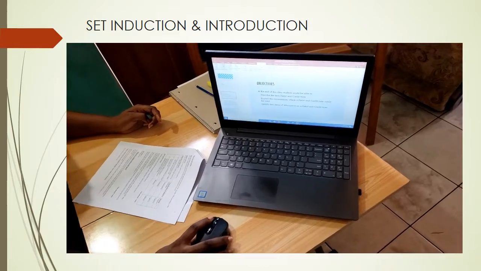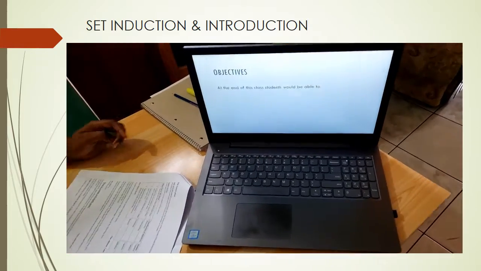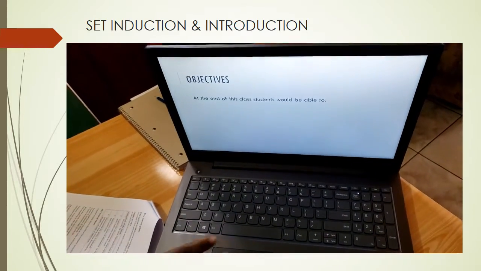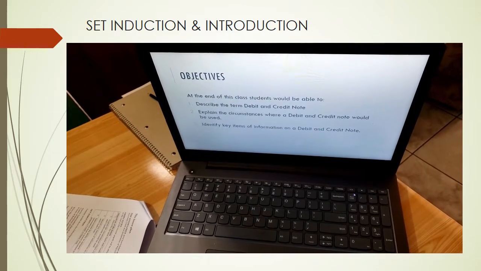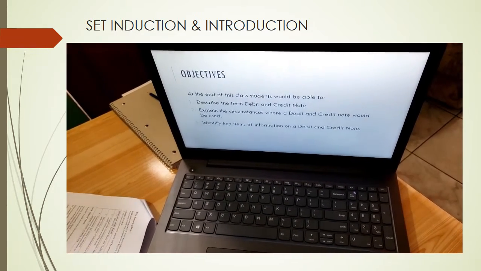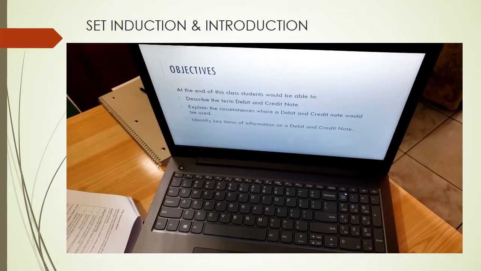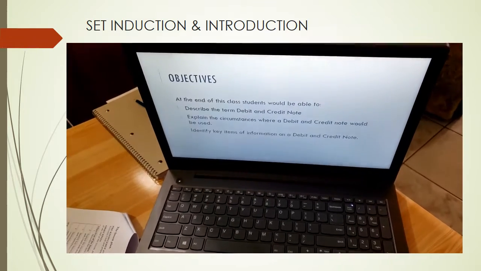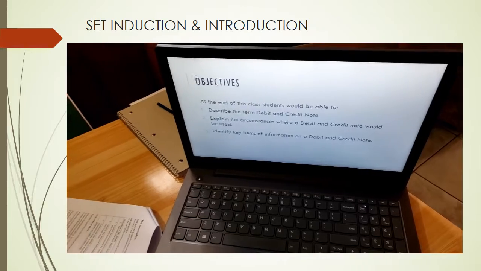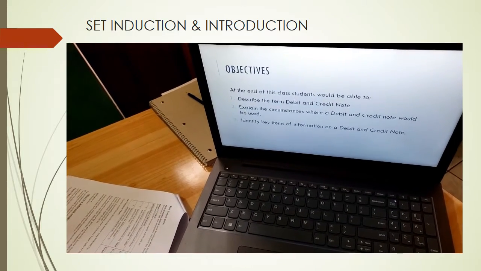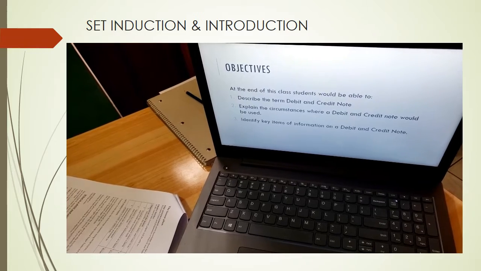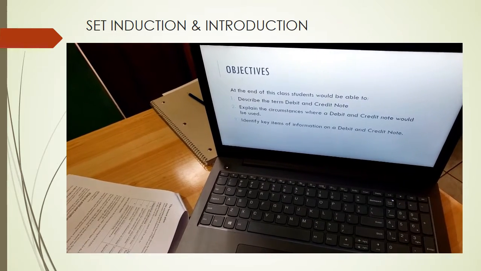For today's class, we're going to describe what is a debit and credit note. We are also going to explain the circumstances where a debit and credit note would be used, and we're going to identify some key elements of information on a debit and a credit note.